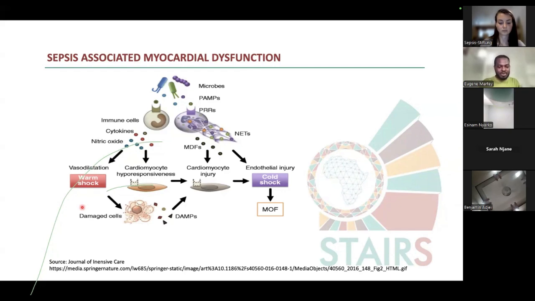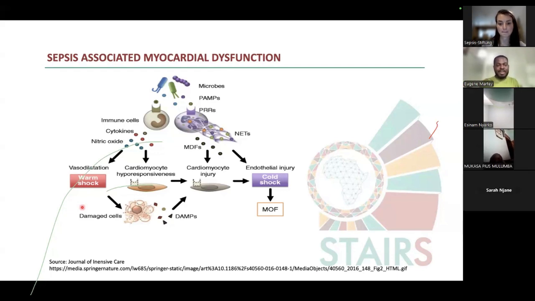Also, your adrenergic receptors are downregulated in sepsis and they become less responsive to your circulating catecholamines. Your myocytes are also injured either by increasing amount of lactate, by your reactive nitrogen and oxygen species, as well as bacterial particles.